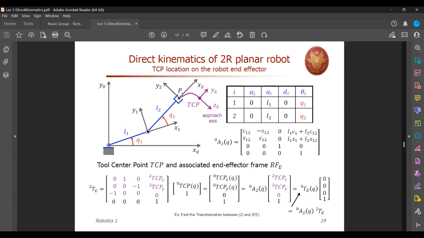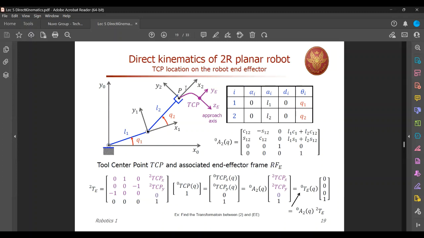Maybe you have attached a welding torch which is curved like this, for some reason. So this coordinate transformation is not coming directly from DH. That's the point, right? It's not coming from the DH table directly. You have to figure that out. What is it?